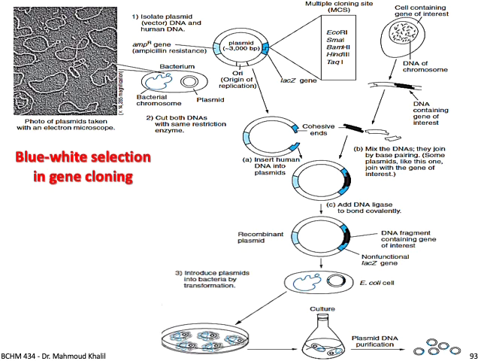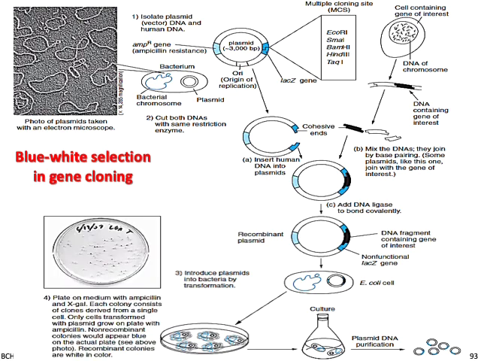So once this gene is introduced, after transformation you grow up the colonies, and you will see that these colonies contain the recombinant plasmid. And this is what the plate looks like on a medium with ampicillin and X-gal.